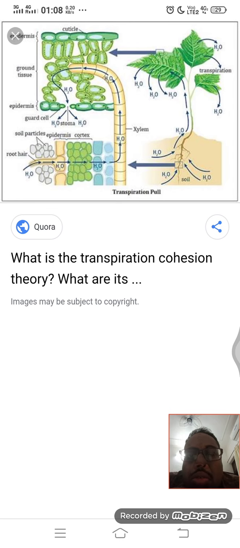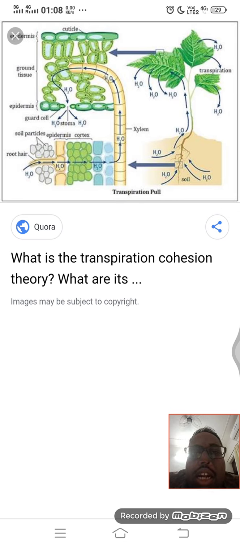In order to accommodate that vacant space, water will be conducted from the soil through xylem, which is the complex tissue which transports water, minerals and hormones from the root to the leaf. So it will be conducted through that.